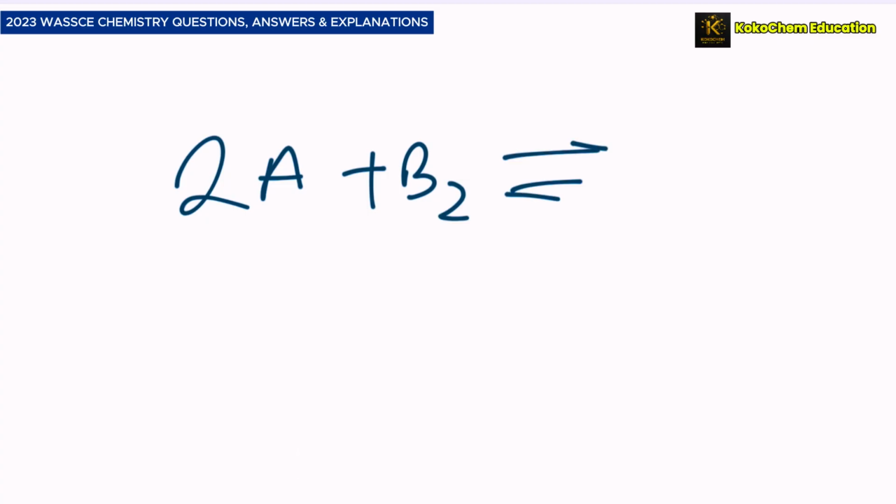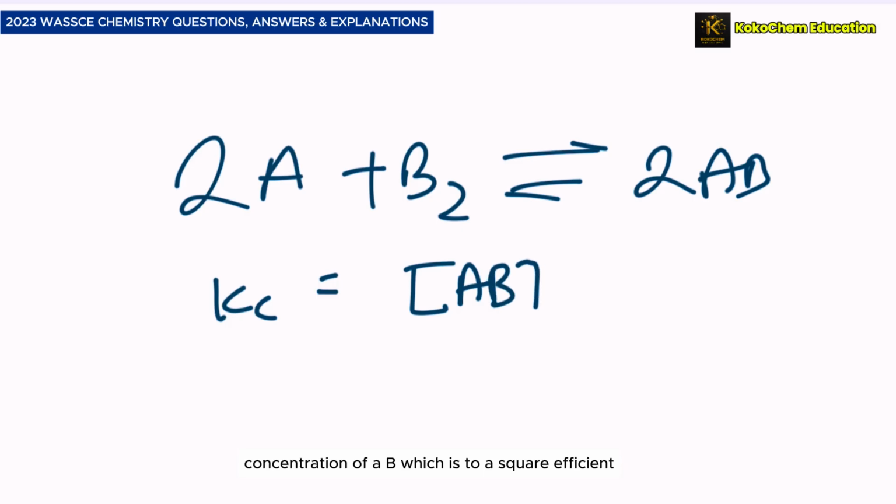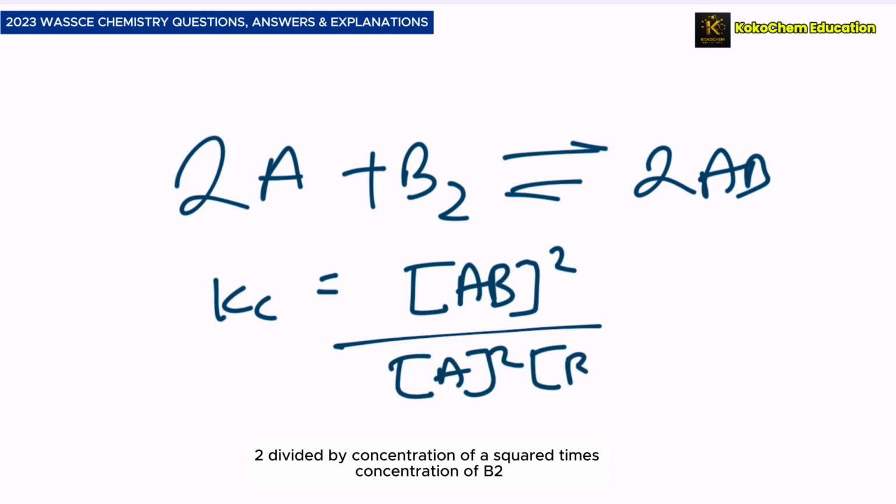So for the equation 2A plus B2 going into 2AB, you have Kc equal to concentration of AB raised to its coefficient 2, divided by concentration of A squared times concentration of B2.